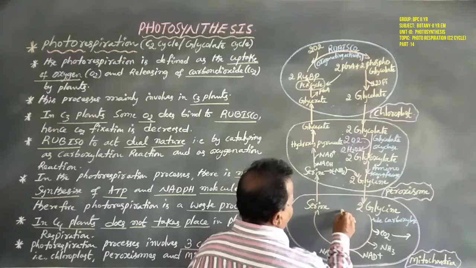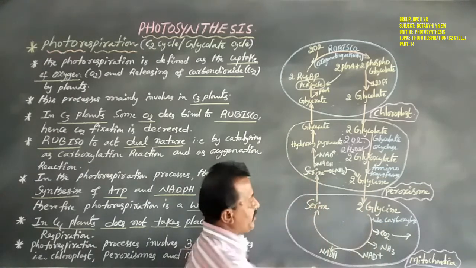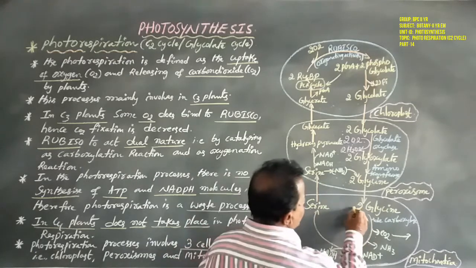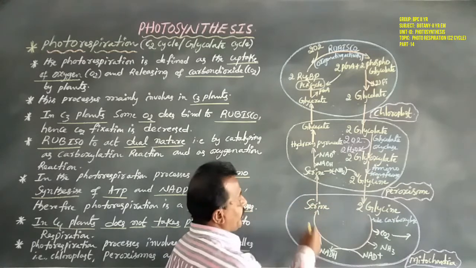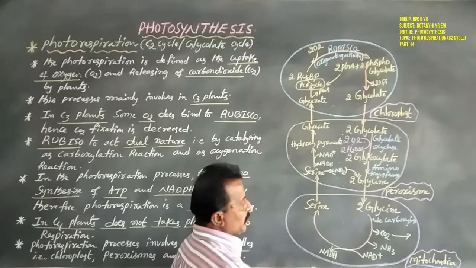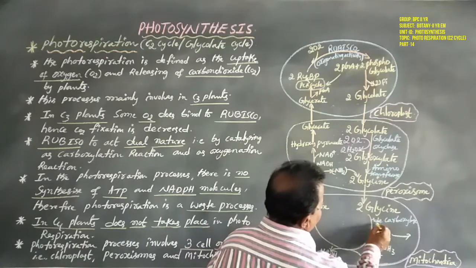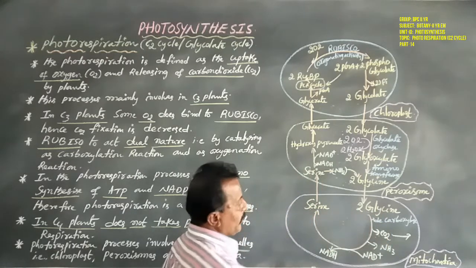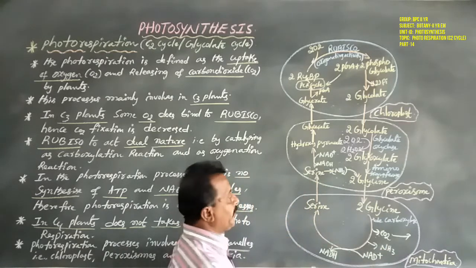So the mitochondria make some amino acids such as glycine and serine. 2 molecules of glycine are converted to one type of amino acid, that is serine. In this reaction CO2 is released by the enzyme glycine decarboxylase, ammonia is released and reduced NAD is utilized.